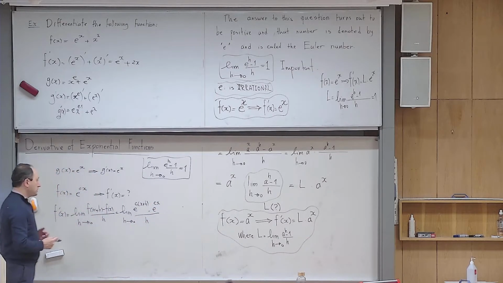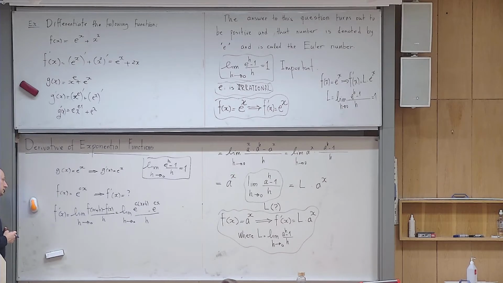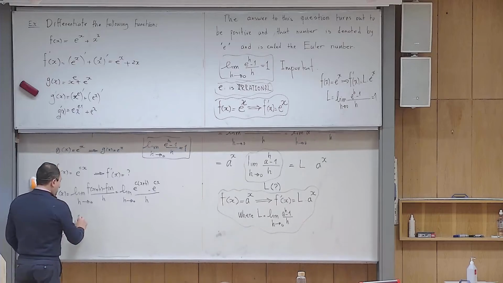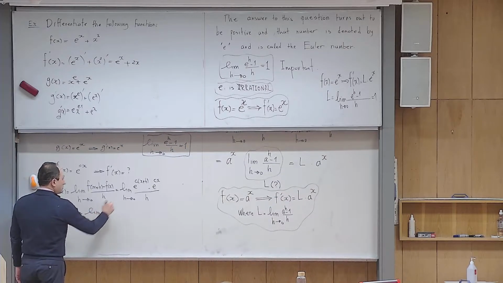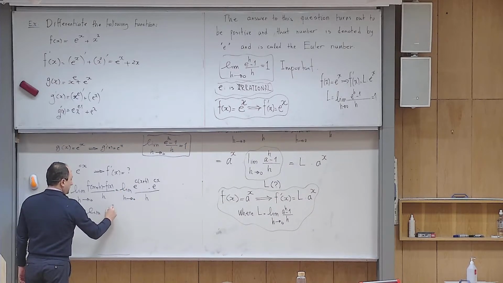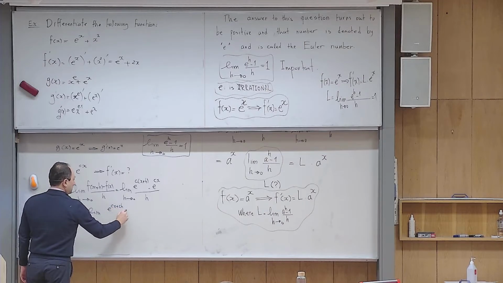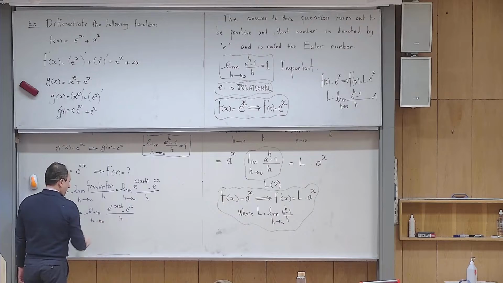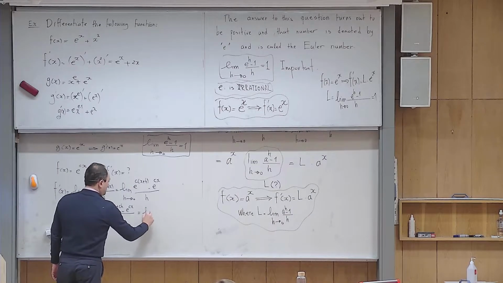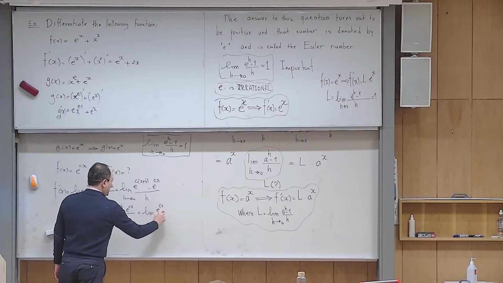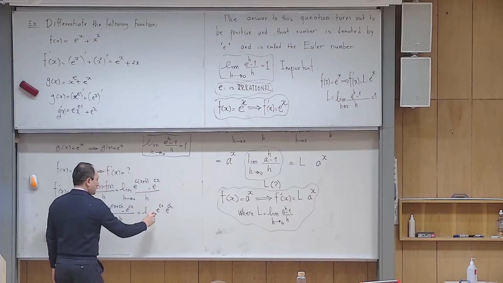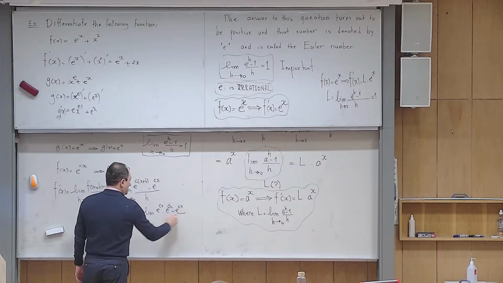So if you want to understand, you have to be a little bit careful here. Okay, what should I do? I will take the same story here. I multiply c in. And then I decompose this as e to the power cx times e to the power ch minus e to the power cx, divided by h as h goes to 0.